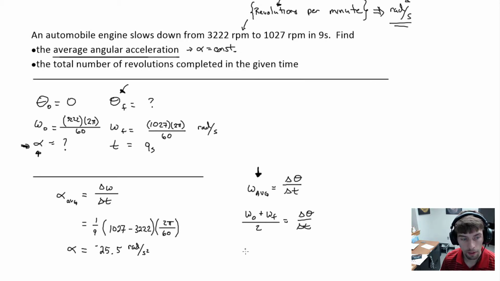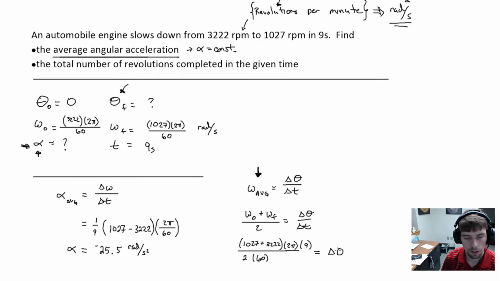Okay. So what we have is, I'll put 1027 plus 3222 divided by 2 times, of course, 60. And this top should be multiplied by 2 pi. And then you should also multiply by the time.